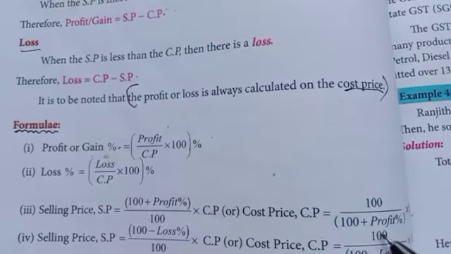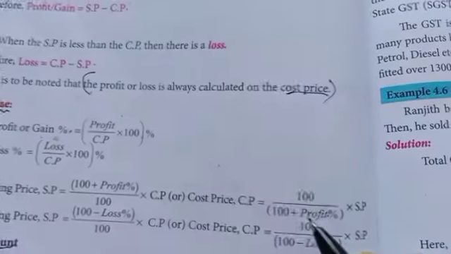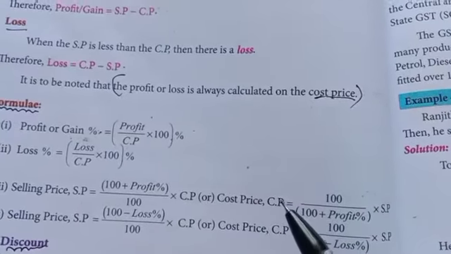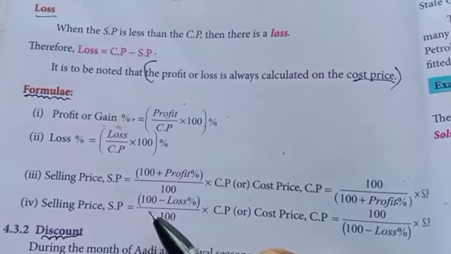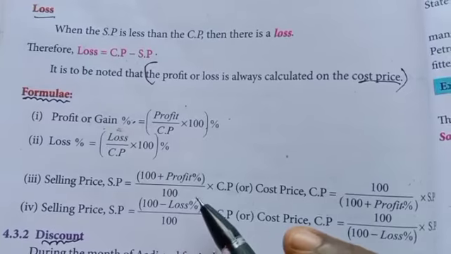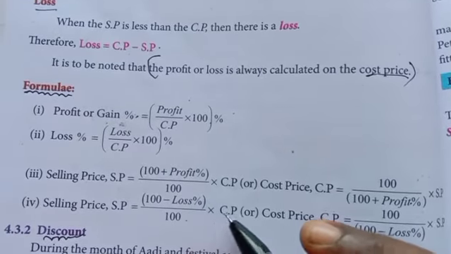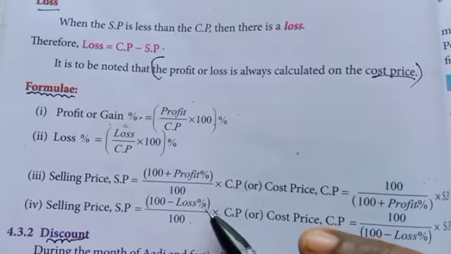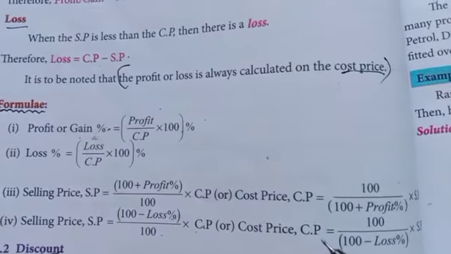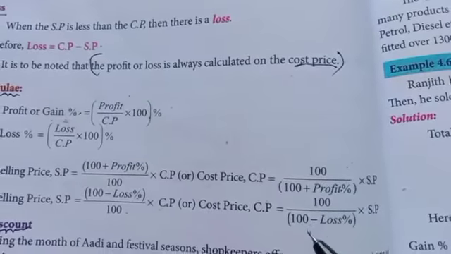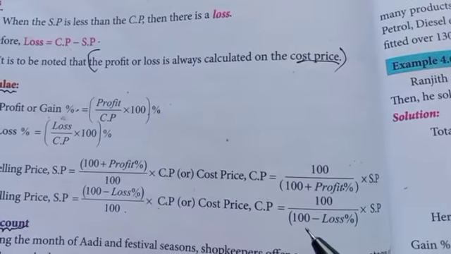If profit percentage and SP are given, you use the formula for CP. Selling price is 100 minus loss percentage by 100 into CP. If loss percentage and CP are given, we use this formula for SP. Cost price is 100 by 100 minus loss percentage into SP.